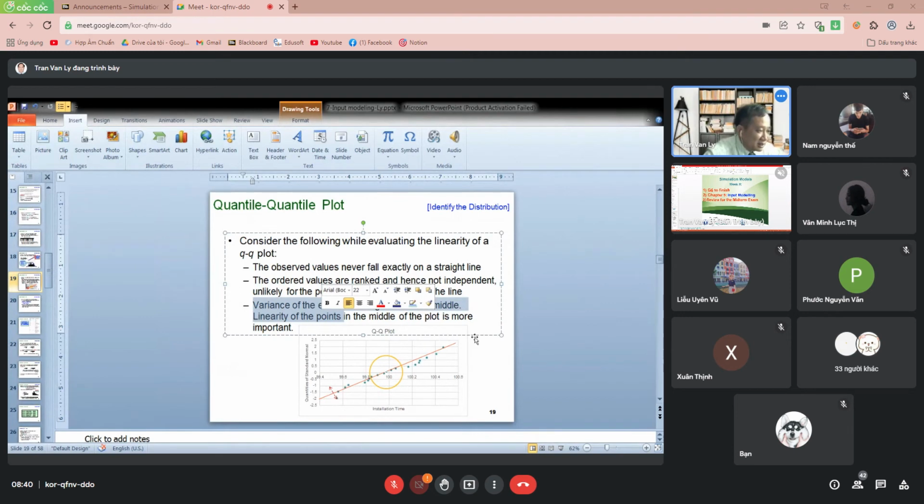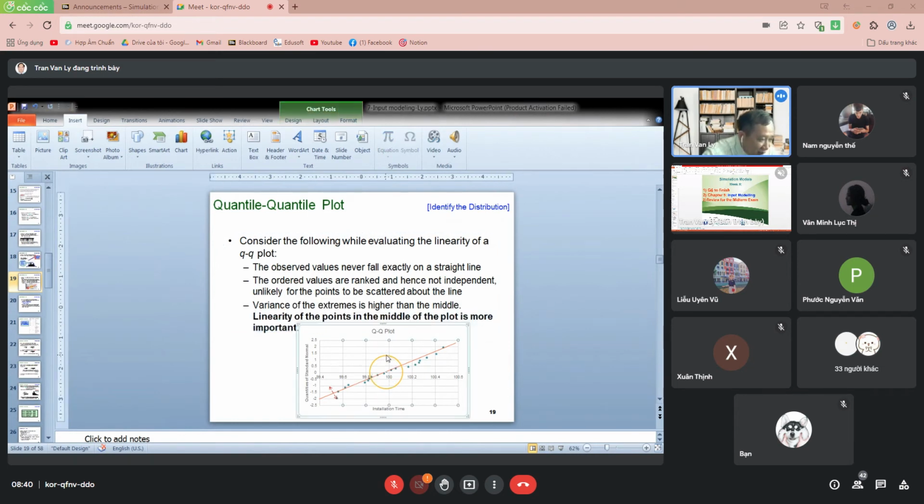It's higher than at the middle. At the middle, it's nearly close. And linearity of the middle points is more important. It looks linear in this square, circle.